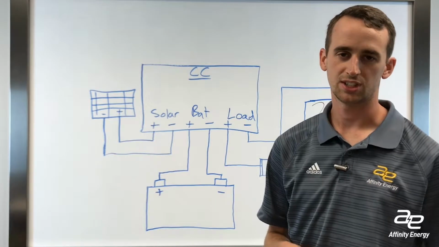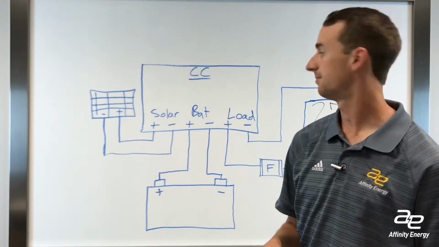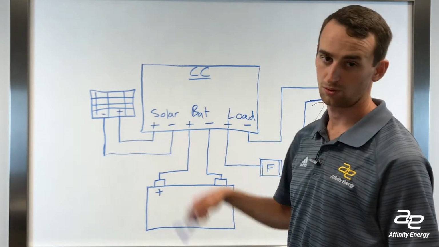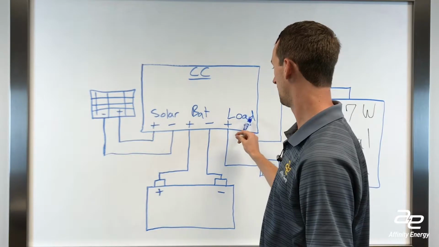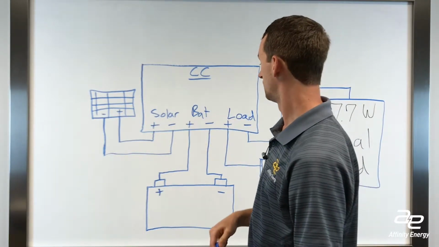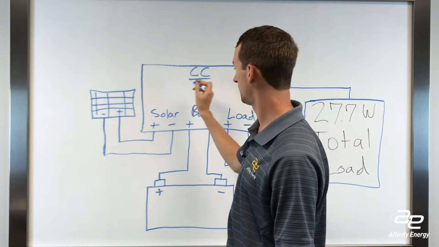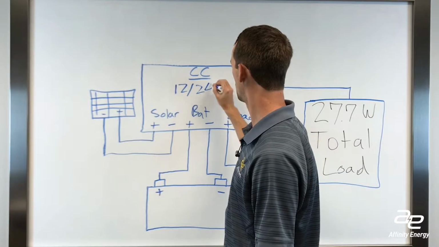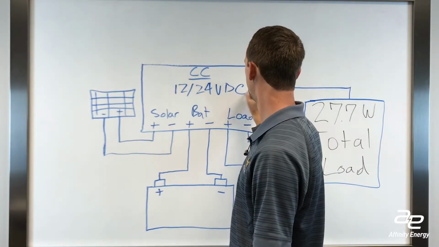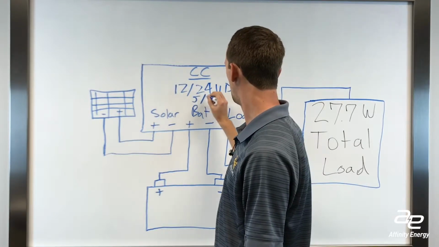The last part of our system is the charge controller, and this is what ties our system together. So the charge controller is going to have, like we talked about earlier, a solar input, a battery input, and a load. So the charge from the panel is going to come in, and the charge controller should be rated, for our system, for 12 or 24 volts DC, with probably a discharge current of 5 amps.